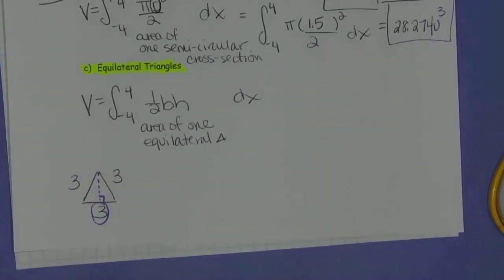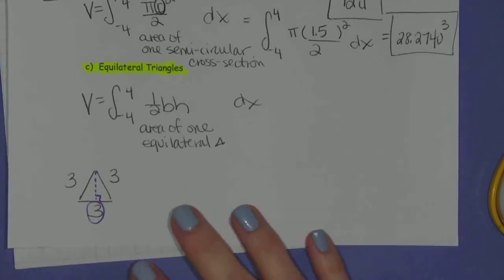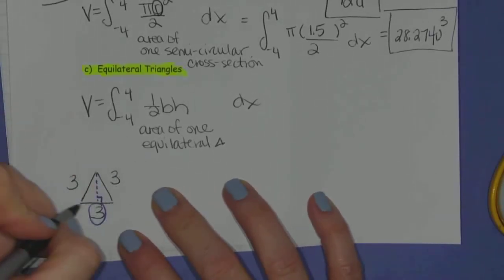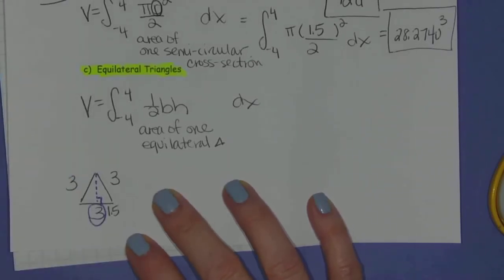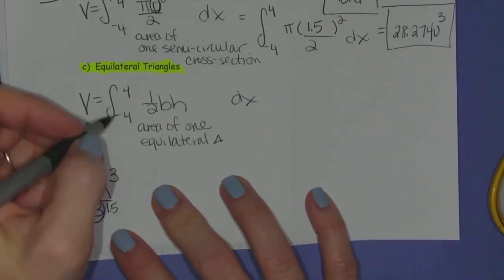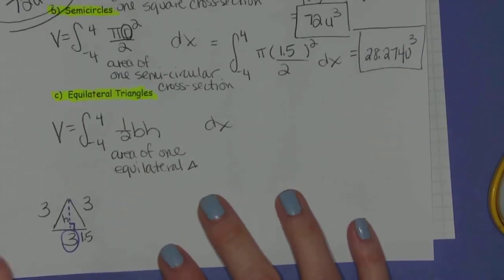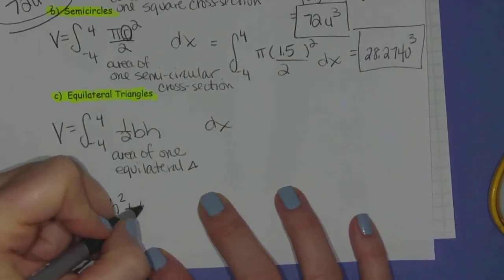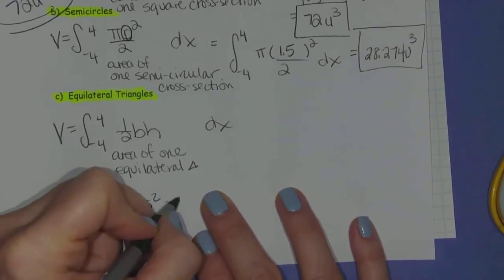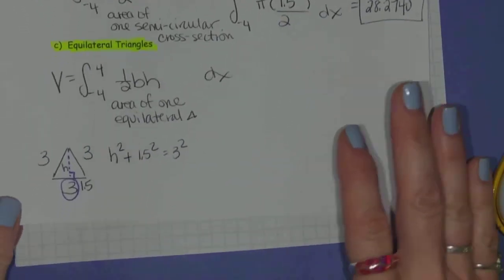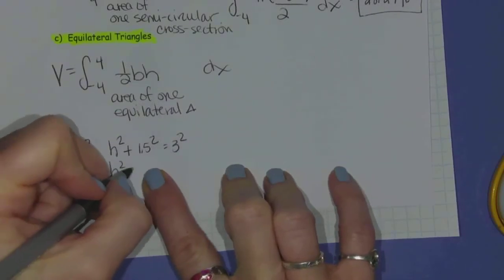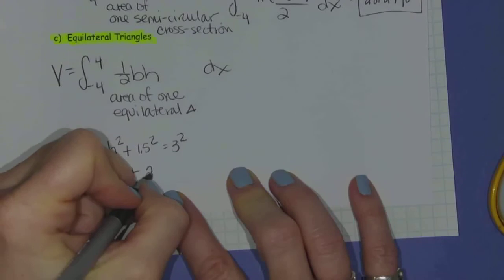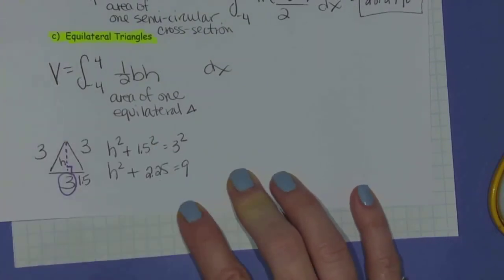So my height, well, I could do the Pythagorean theorem. That would be one way to do it, because if I cut a height here, it's going to split my 3 into 2 parts. So this is going to be 1.5, 3, and then I have a height. I could run a quick Pythagorean theorem and say h squared plus 1.5 squared equals 3 squared. So h squared plus 2.25 equals 9.